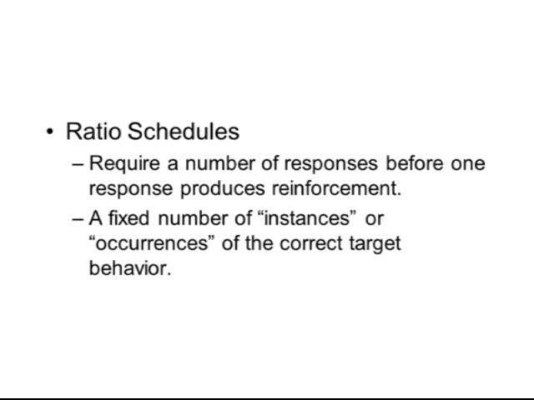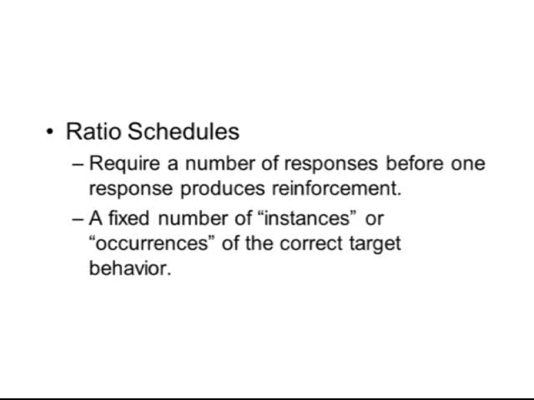Ratio schedules can be either fixed or variable. So with a fixed ratio schedule, we reinforce an instance of behavior after, say, the 5th instance. That would be a fixed ratio 5, or FR5. A lot of problem behavior is actually maintained by ratio schedules of reinforcement.